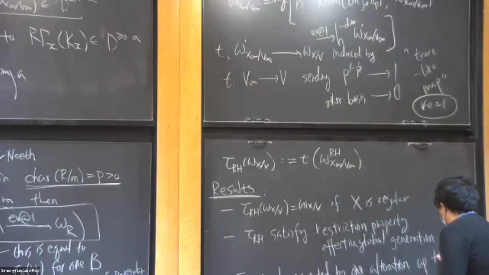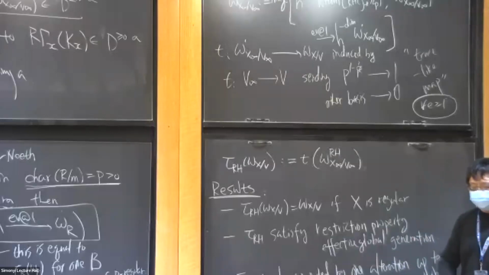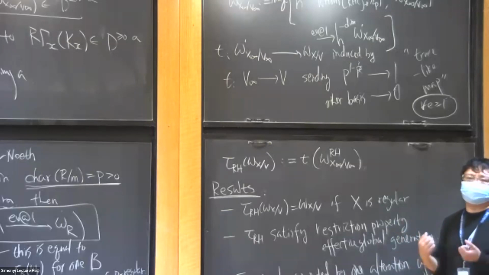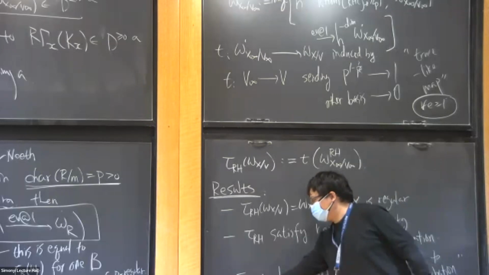Instead of looking at just the trace map from an alteration to X, you have to multiply that map by p to the epsilon for epsilon sufficiently small. If you do that, that does give us this power H.